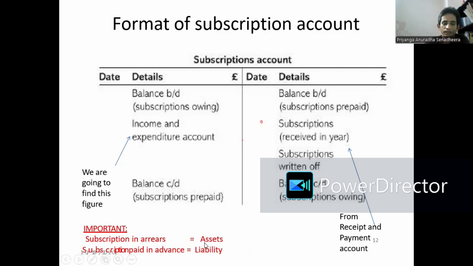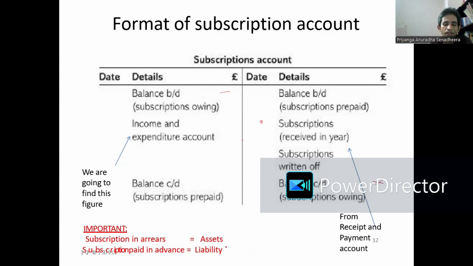Okay, when you look at the format here, remember the subscription owing or subscription arrears, I told you it's an asset. So opening balance here, balance brought down, it should be on the debit side here. And closing balance of subscription arrears, since opening balance is here, it should be on this side.